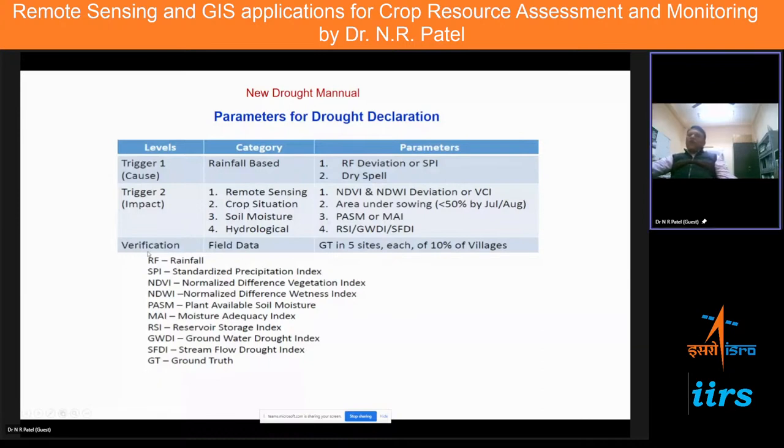You go to the ground and identify whether the crop condition is so much affected or not. If you find there is not much effect on the ground, then you can reduce the classified output from the severe category to the moderate category. That is all about ground verification, which ground staff or the patwari can do.